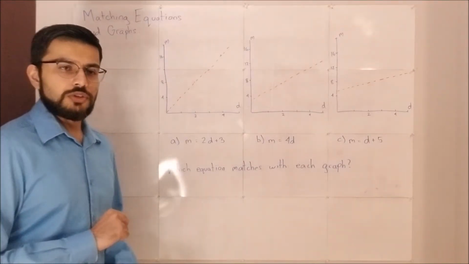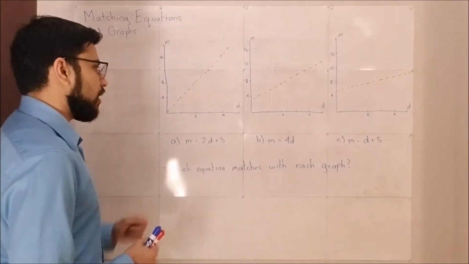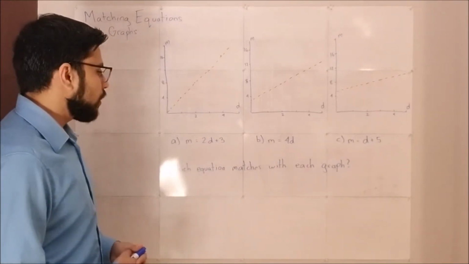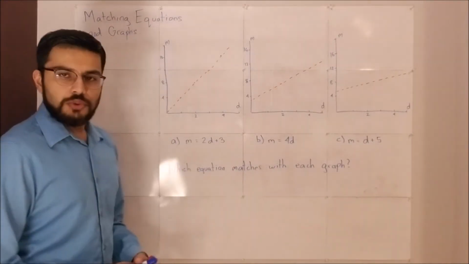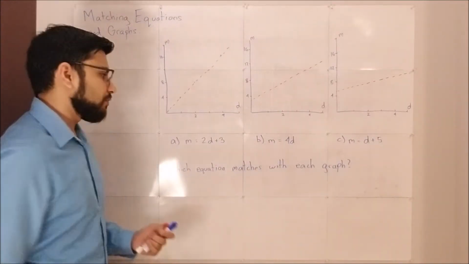The first thing that you can do is try to apply logic, just based on what you know already. If I had given you a graph, could you make an equation, for example? So let's look at a few of these. I'm going to start with the first graph. Let's see what kind of relationship that we have.